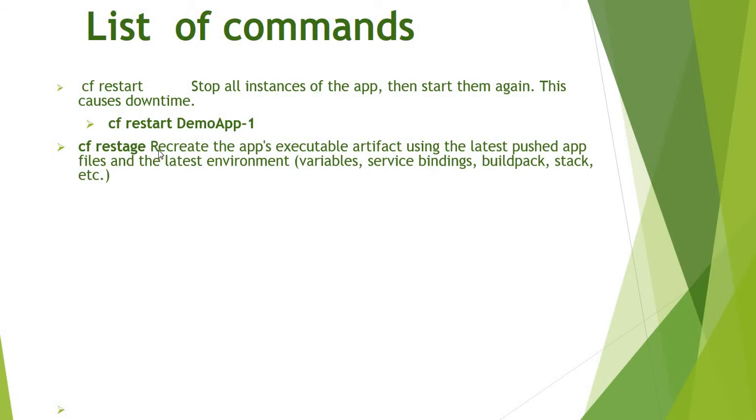Cf restage recreates the app executable artifact using the latest pushed app files, latest environment variables, service bindings, and buildpack. What it means is, if we change the app file system or the environment variables of that particular app, then to bind all that, we have to restage the app.